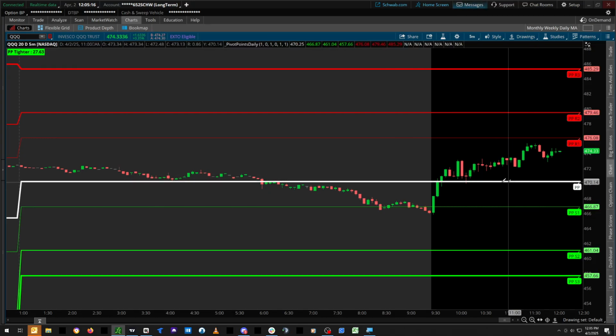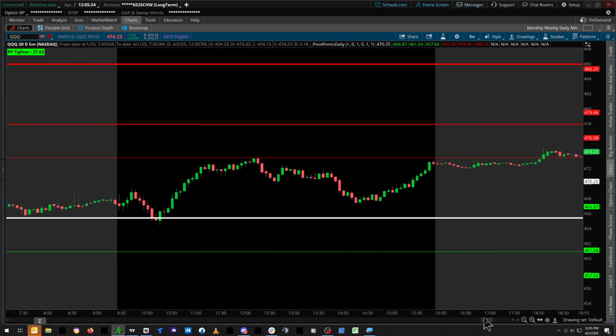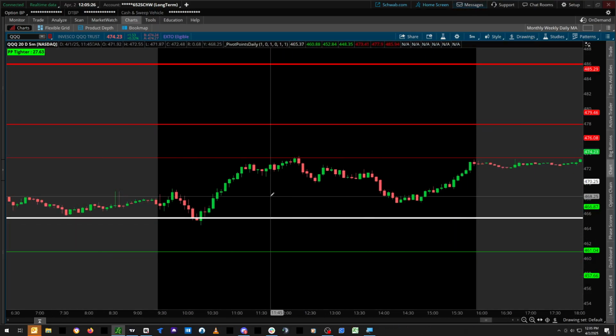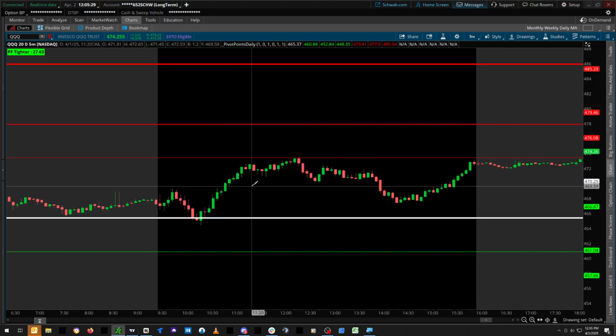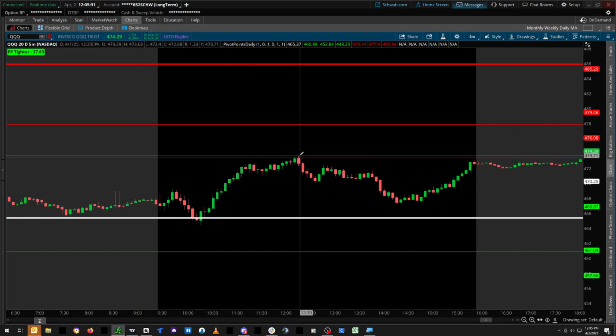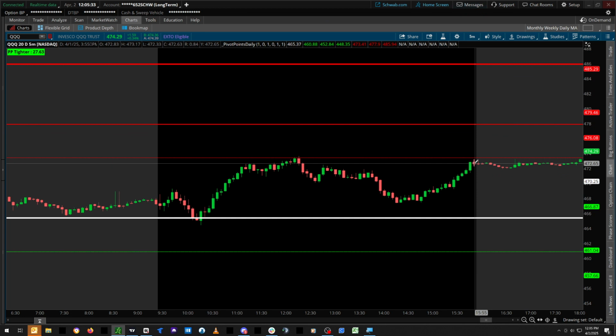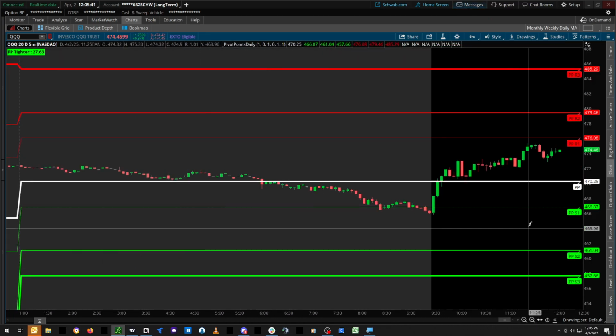The central pivot point right here is the prior day's high plus low plus close divided by 3. So we take yesterday's low plus its high plus its close price, add those together, divide by 3, and that is this line, the white line.